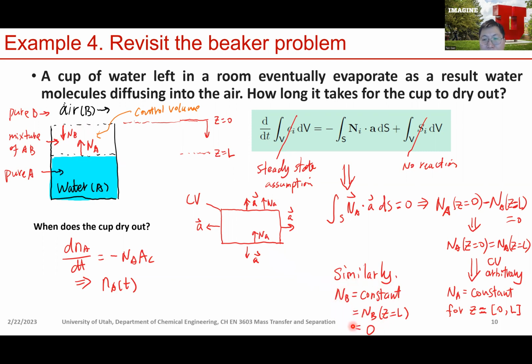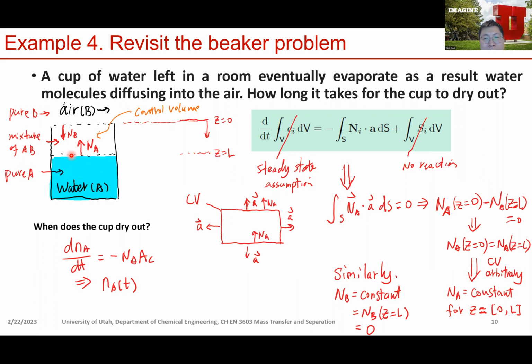It equals 0 because the flux of B at the water-air interface, that is location Z equals L, is 0, because at equilibrium, air cannot dissolve in water, right? Because water is already saturated with air, so there's no air flux going into water.